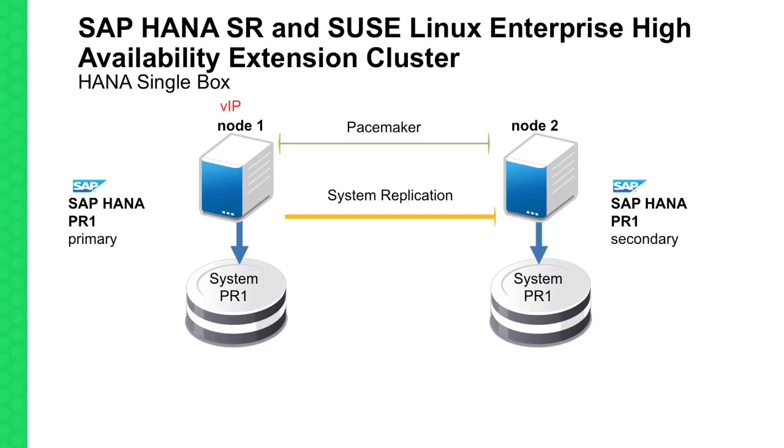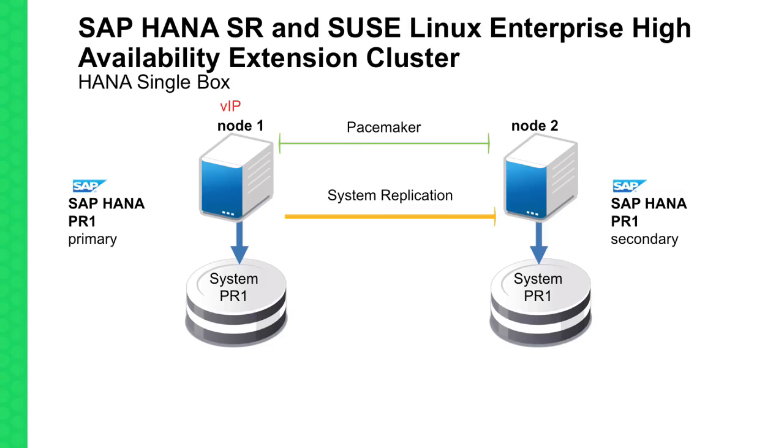Pacemaker is a policy engine that decides what action to take during certain events, okay? The technology is the technology that is used for any kind of high availability cluster for SUSE. How many of you have set up a cluster with SUSE? Okay. So, you know, the technology is basically the same, okay?